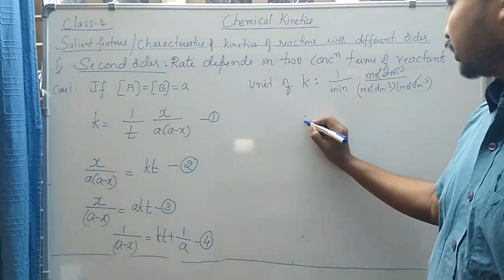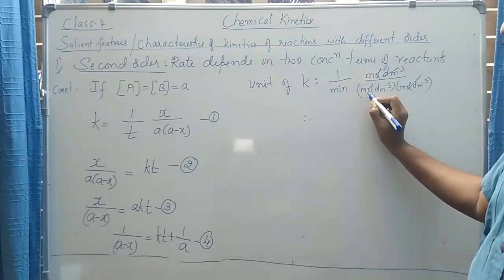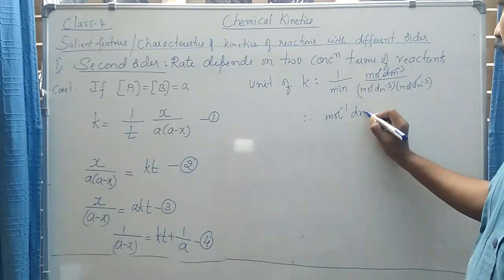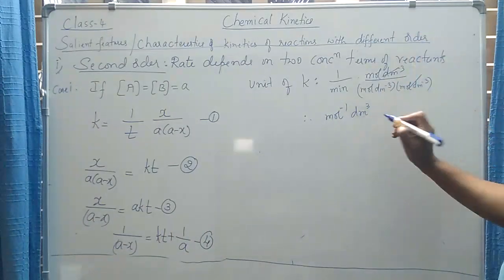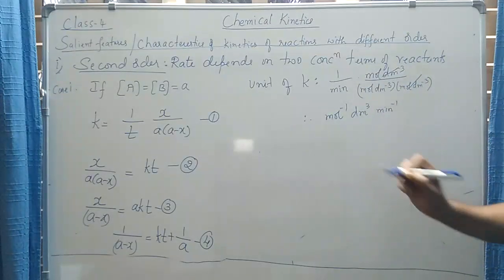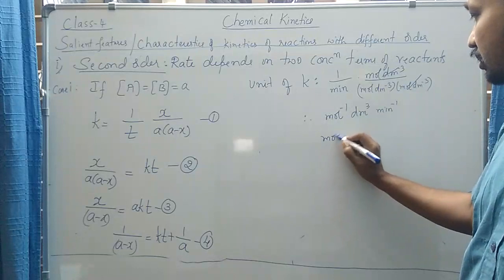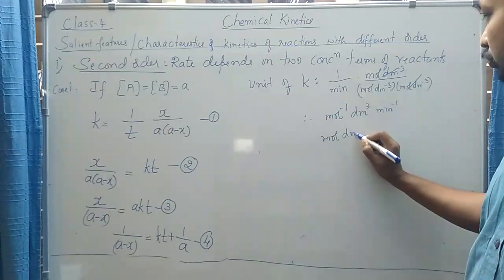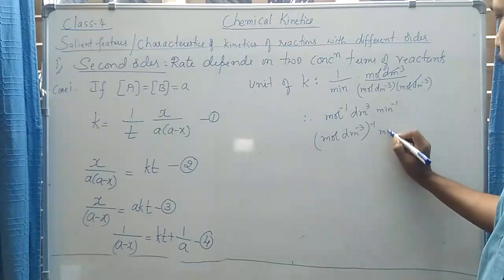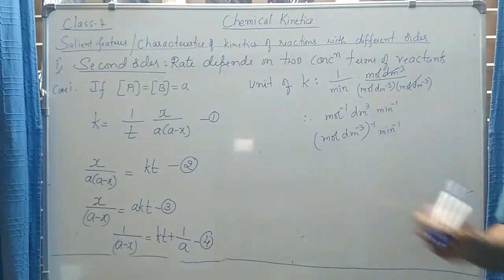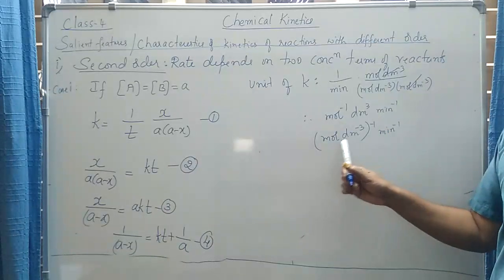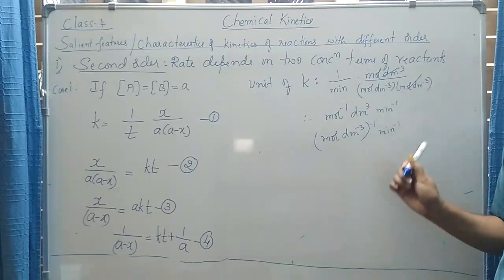So the unit of K, if I take everything to the denominator, becomes mole to the power minus 1 dm cube minute inverse, or you can write it as mole per dm cube whole to the power minus 1 minute inverse, or mole per dm cube whole inverse per minute.